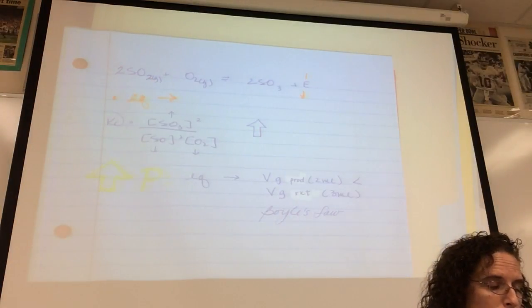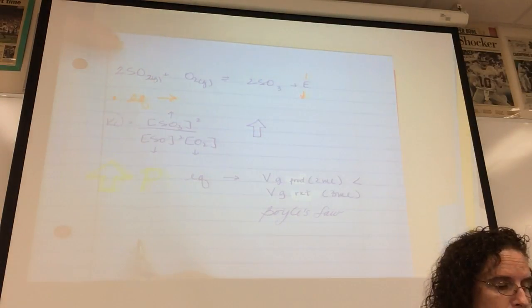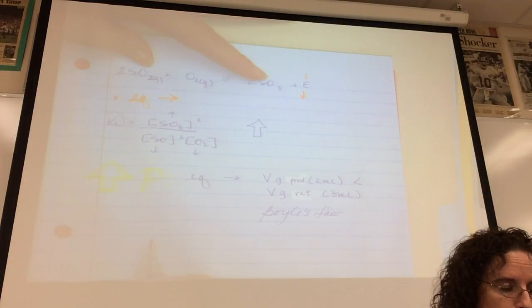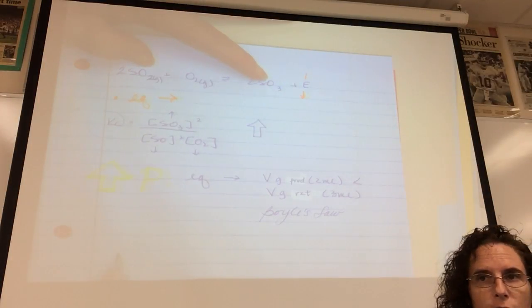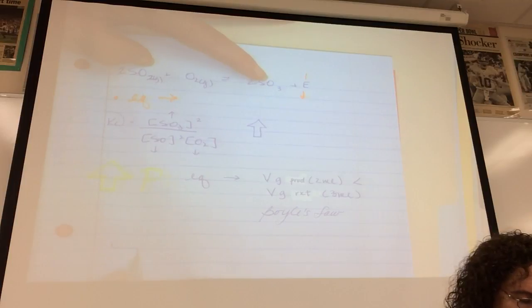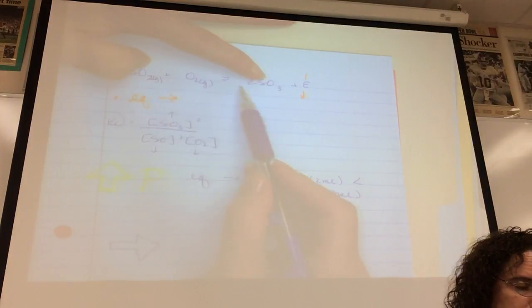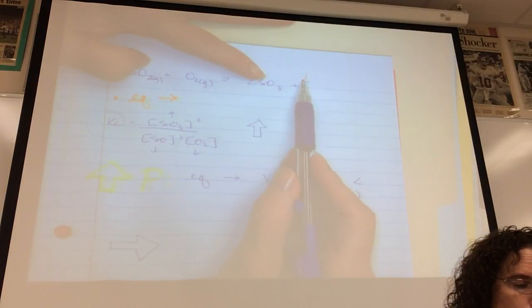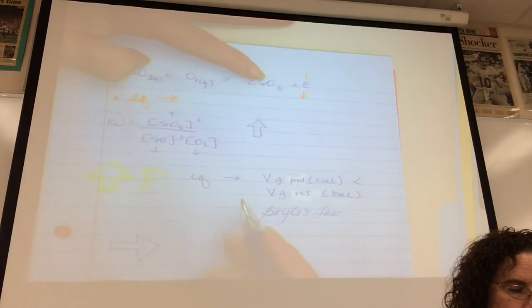Okay. So if we're converting from SO2, sulfur dioxide, to sulfur trioxide, we're going in what direction? Forward. So you want temperature to decrease. So what's going to push this forward shift? Low temperature or high temperature? Low.